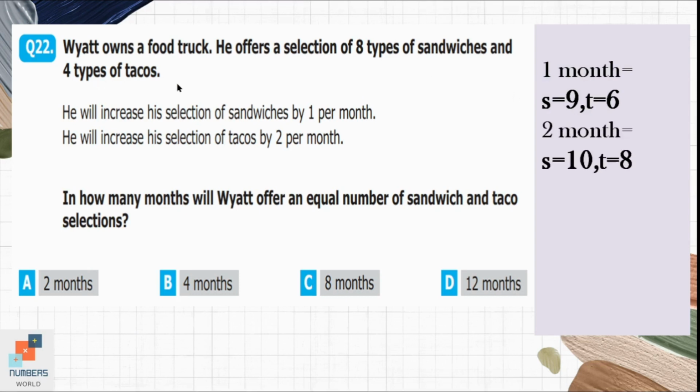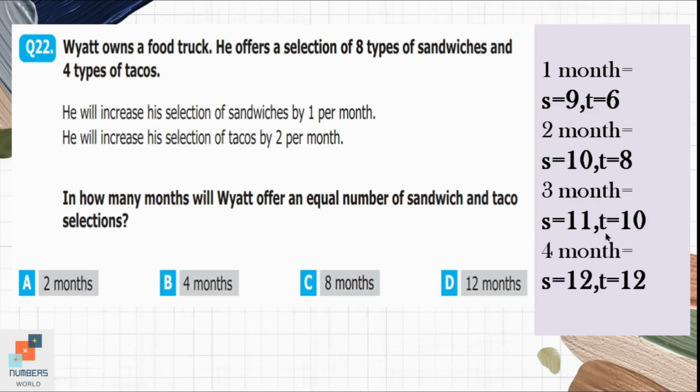After 2 months, the types of sandwiches is equal to 10 and the types of tacos is equal to 8. Similarly, after 3 months, he will sell 11 types of sandwiches and 10 types of tacos. At last, after 4 months, he will offer an equal number of sandwich and taco selections. So option B is the correct one.